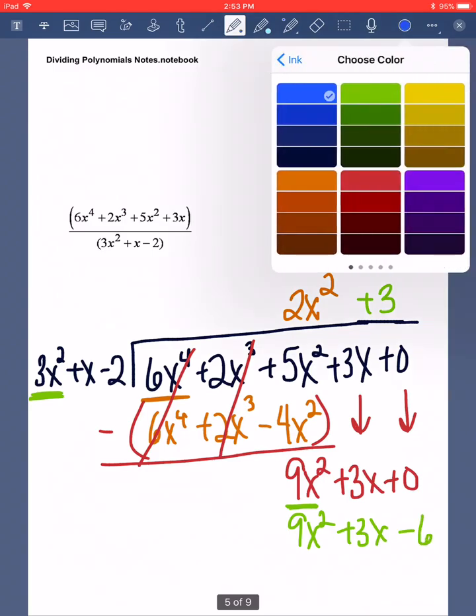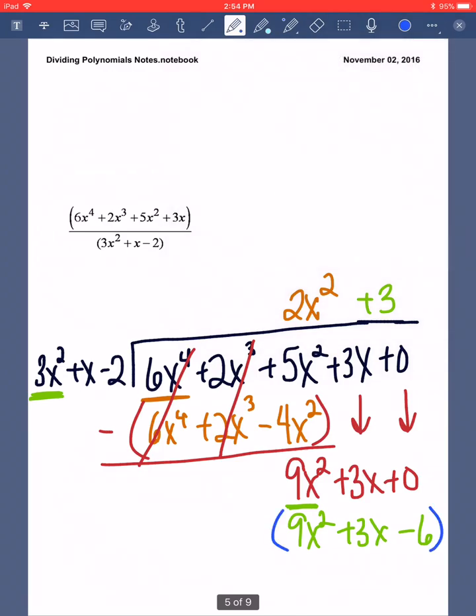And I'm going to subtract again. So 9x squared minus 9x squared is 0. 3x minus 3x is 0. And 0 minus negative 6 is positive 6. I have nothing else to bring down, so 6 is going to be my remainder. It's positive, so it's going to be plus 6 over 3x squared plus x minus 2.